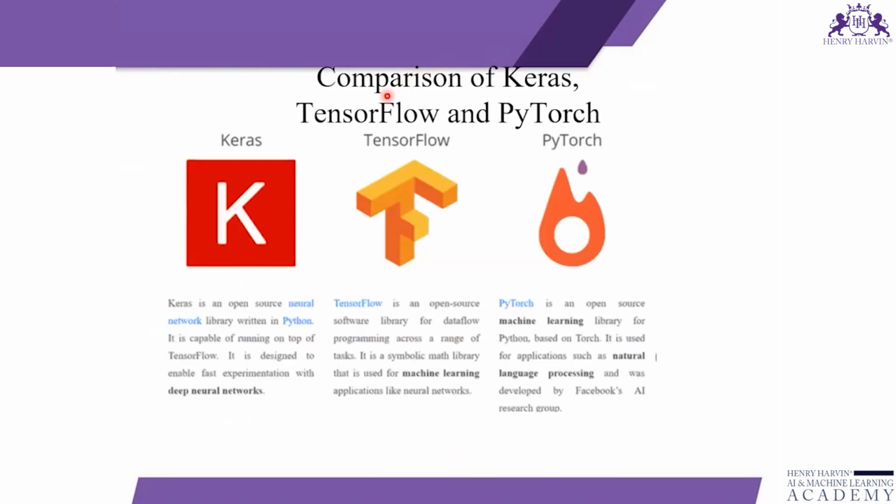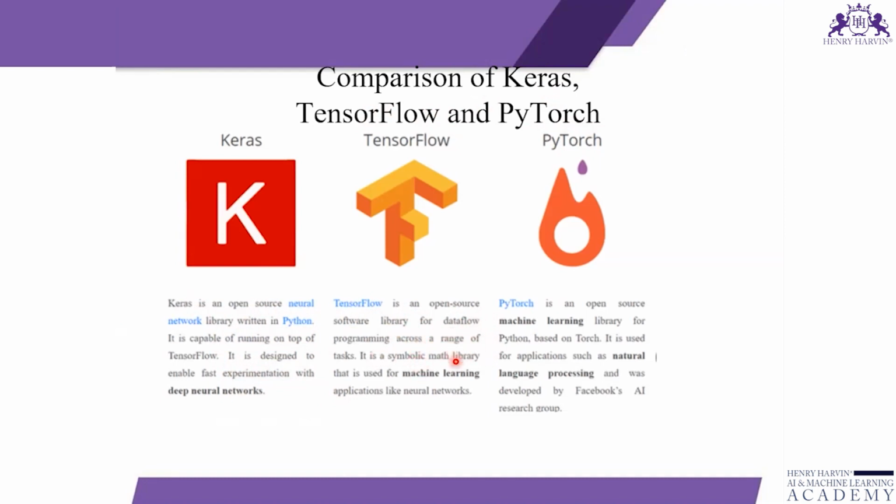So let us compare Keras, TensorFlow, and PyTorch. Keras is an open source neural network library written in Python. It is capable of running on top of TensorFlow. It is designed to enable fast experimentation with deep neural networks. TensorFlow is an open source software library for data flow programming across a range of tasks.